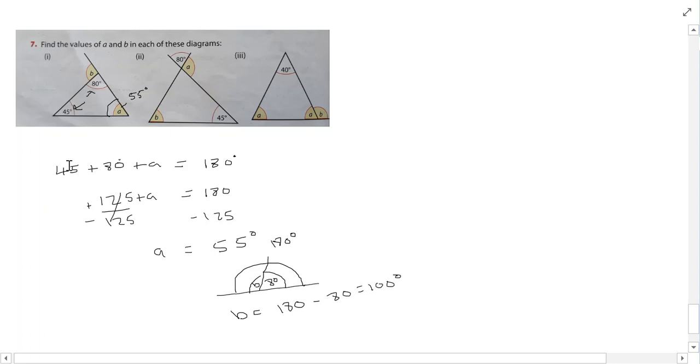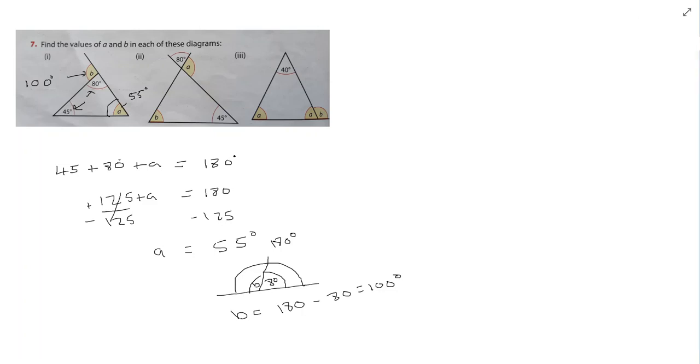So the angle B here is going to be equal to 100 degrees.